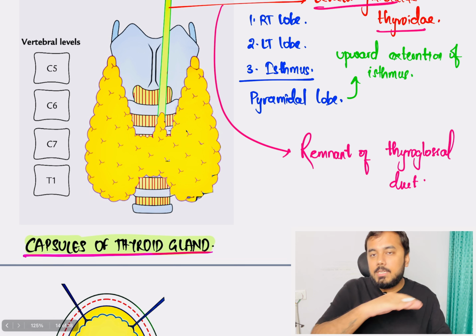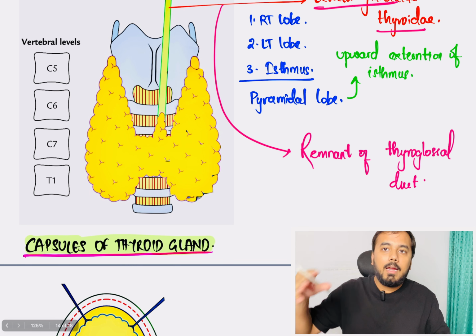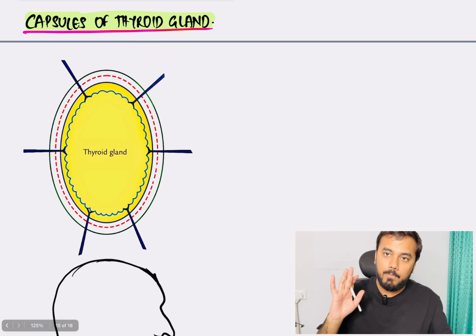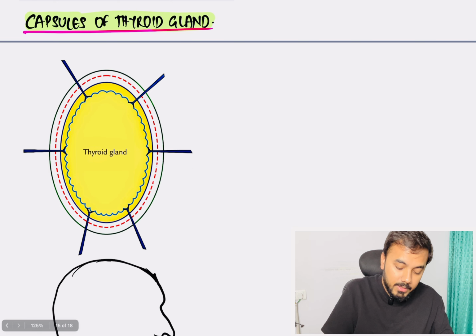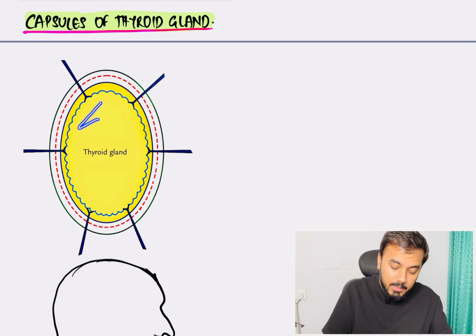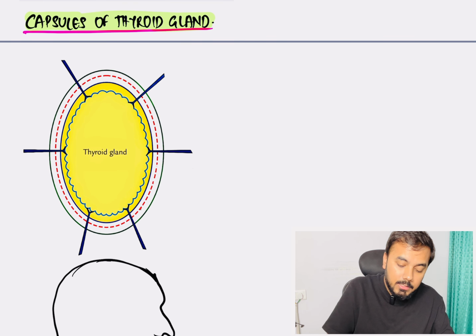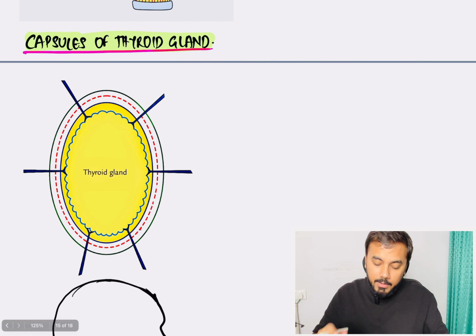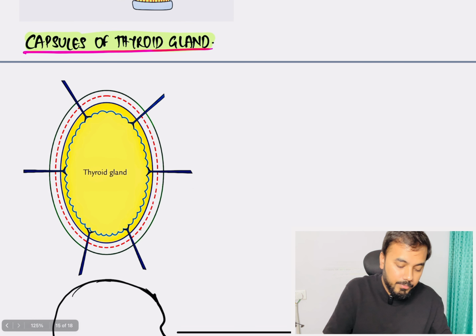Now further, what I'll do is I'll cut the thyroid gland and I'll put a camera on the top and just look into that. So this is how it looks, right? This is the thyroid gland in the center, and let us look at the capsules which it has. First of all, let me write down some theory over here so that you understand it.